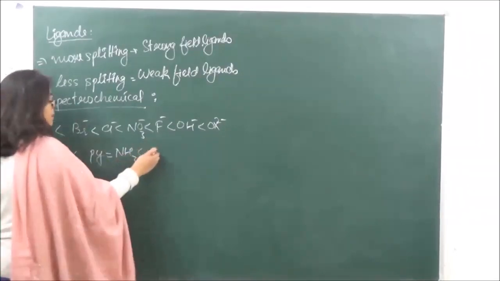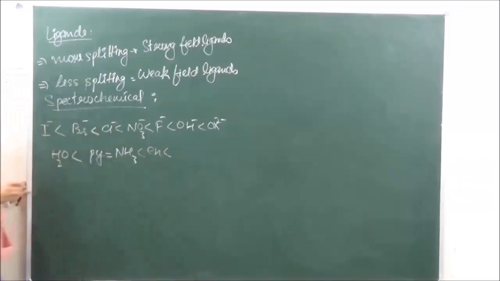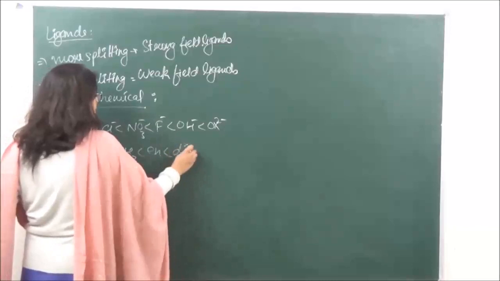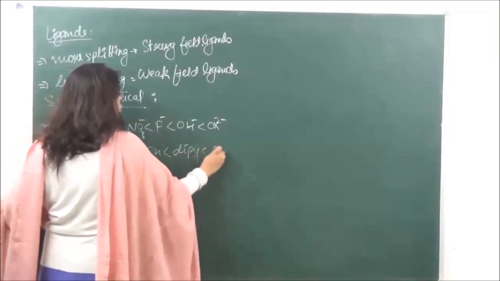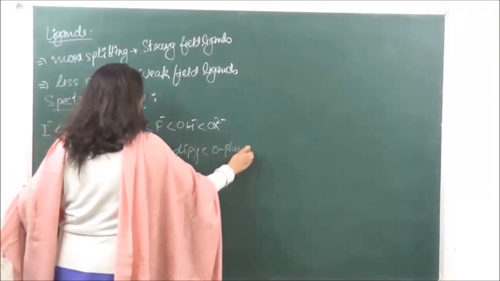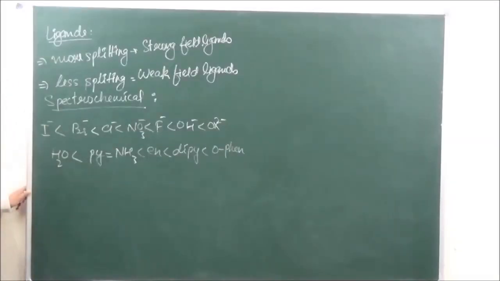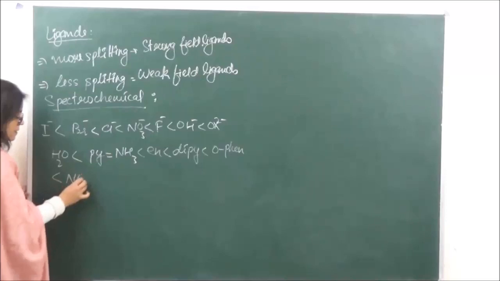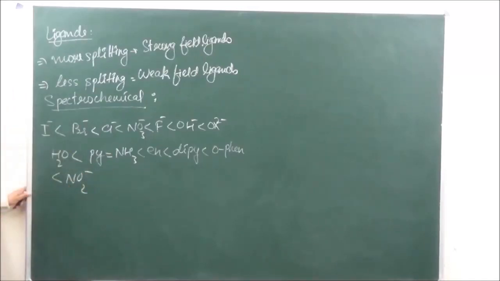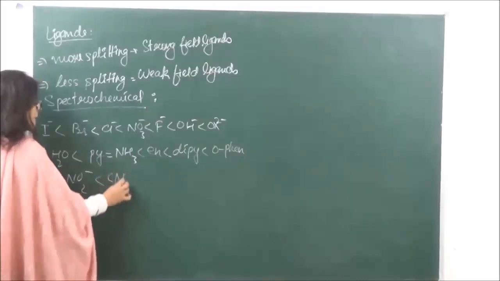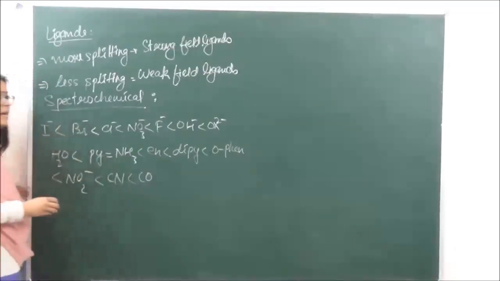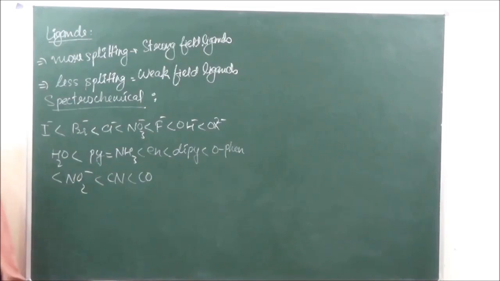Then we have ethylene diamine. Then we have dipyridine. Then we have orthophenanthroline, right? And after that we have NO2 negative. Then we have cyano and carbonyl, which have the maximum splitting capacity.